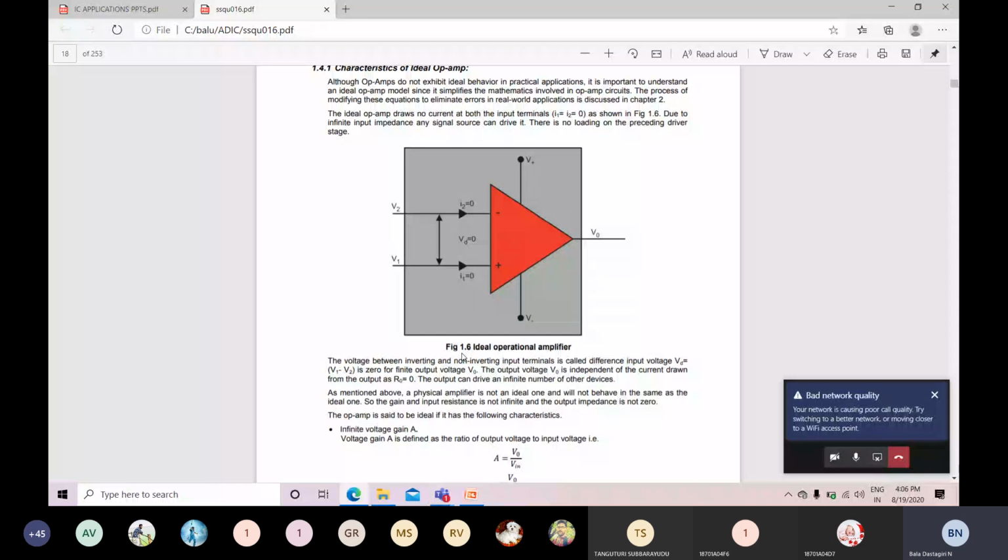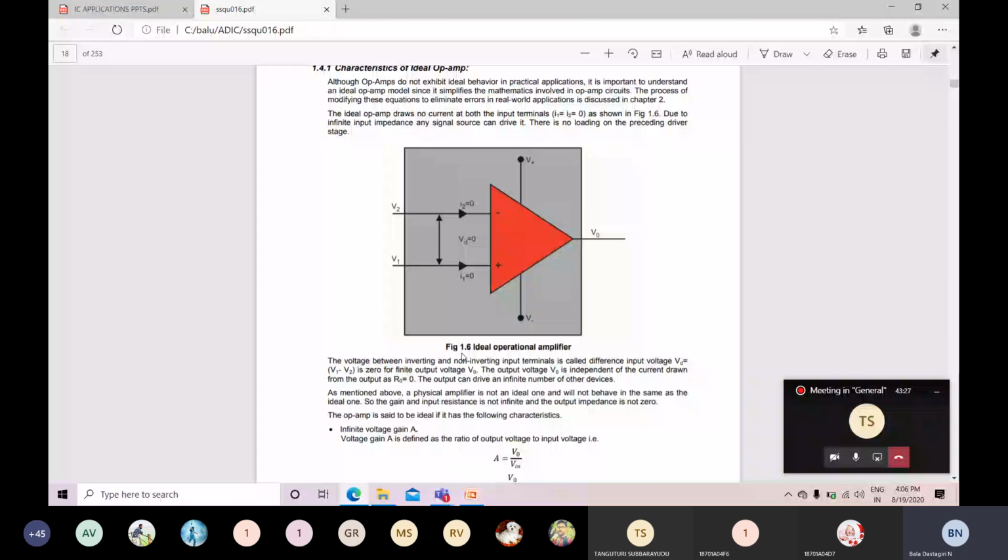The current I1 is the current drawn by the positive input terminal, and I2 is the current taken into the negative input terminal. VD is the differential voltage between the two terminals. For the ideal op amp, the differential input voltage should be 0, and the current drawn by the two terminals must be 0. Therefore I1 is equal to 0 and I2 is equal to 0.